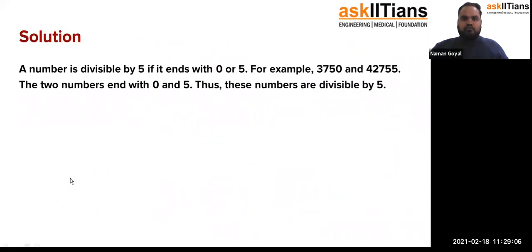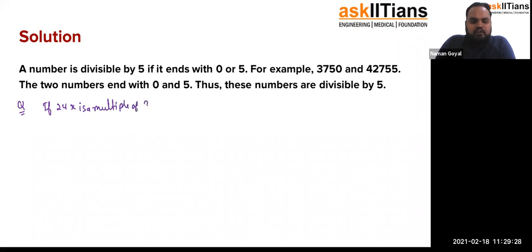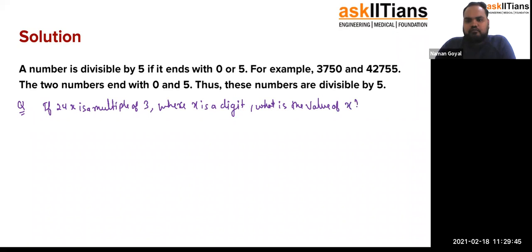So here we have space, so we can do that question here. Now the next question is, write down: if 24x is a multiple of 3, where x is a digit, then what is the value of x?